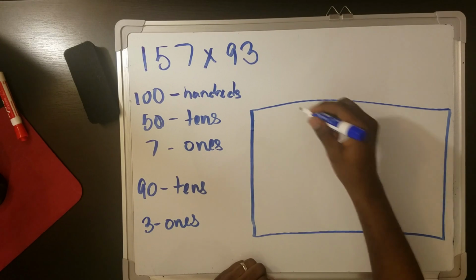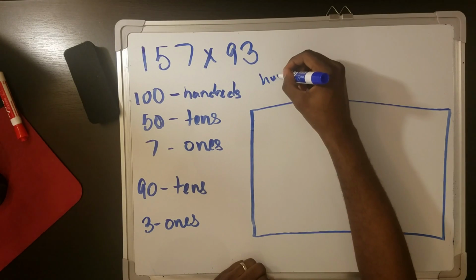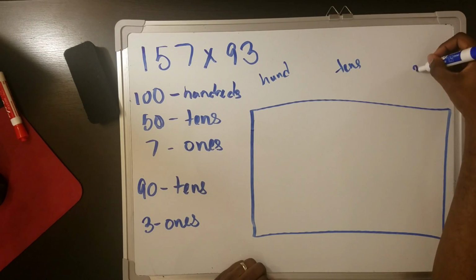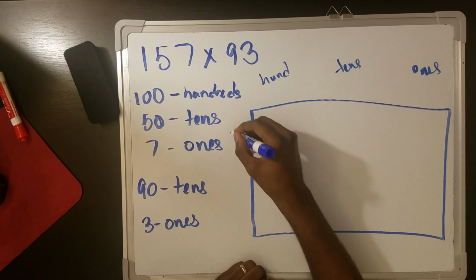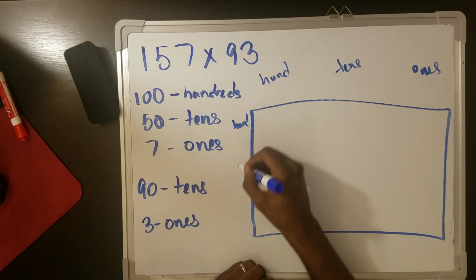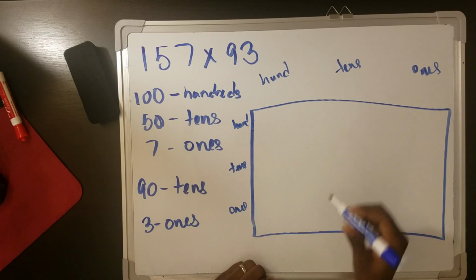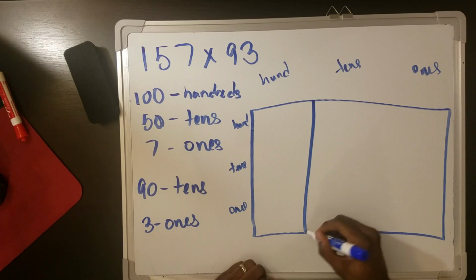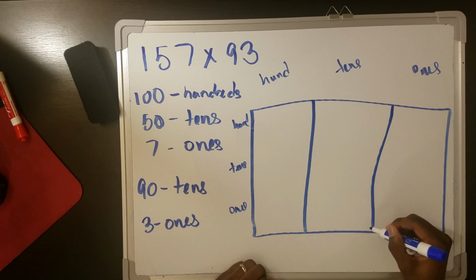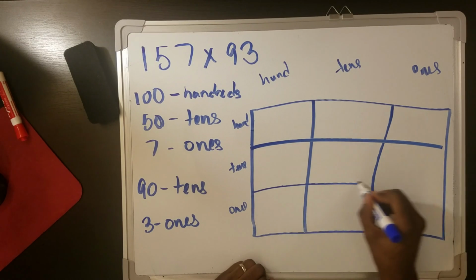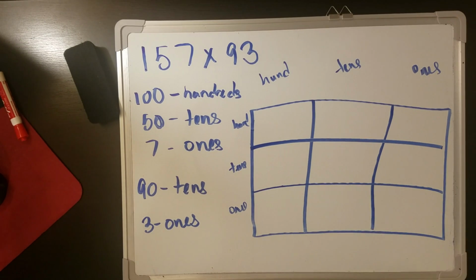It's going to be the 100, the tens, the ones. And let's draw separators to make sure we don't take up other things' space. Each number has its own space.